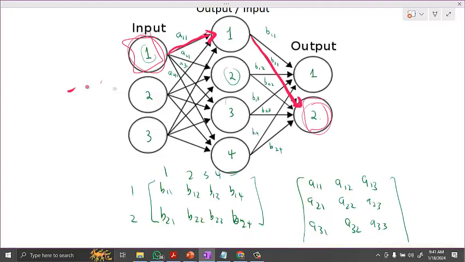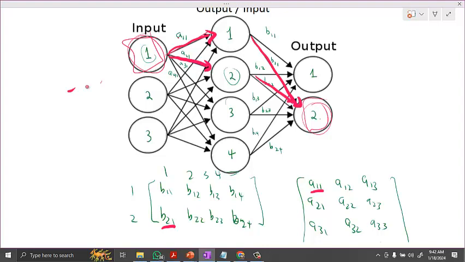Right? So here, this one is A11 and B21. Right? So I'll mark that out, that's A11 and B21.